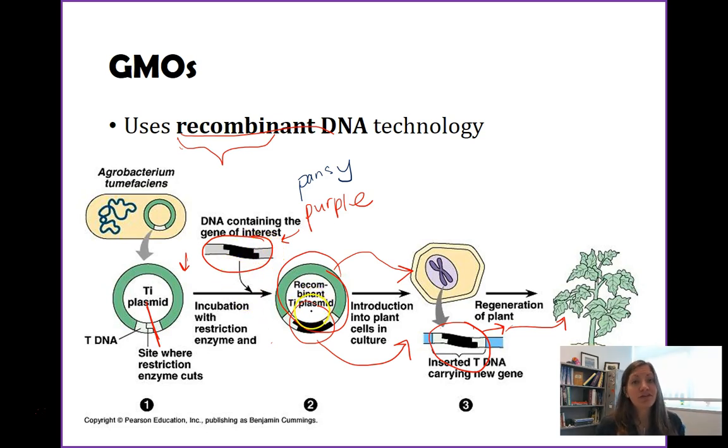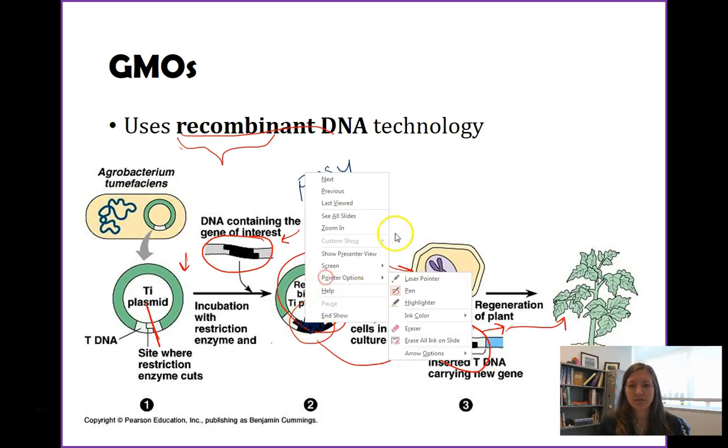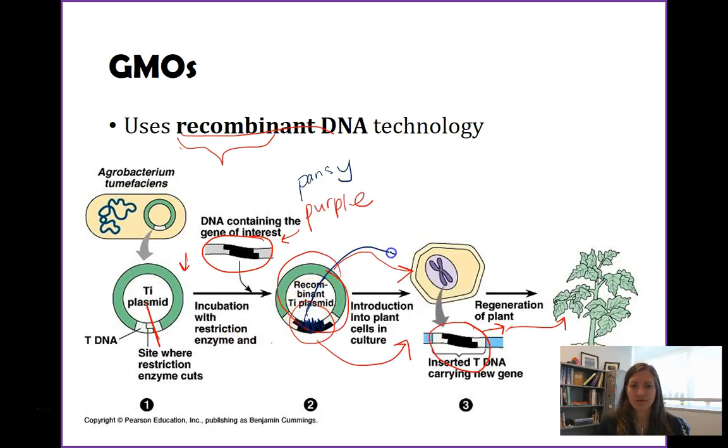And the reason we do that is the bacteria can easily infect a plant cell. And when it infects the plant cell, it's going to carry this purple gene, so kind of coloring this in. It's going to carry that purple gene into this new plant. This rose plant is infected with the bacteria, and the bacteria releases that DNA. This DNA then becomes incorporated into this rose's DNA. And now that rose has the DNA, it has the genetics to make that purple coloring.